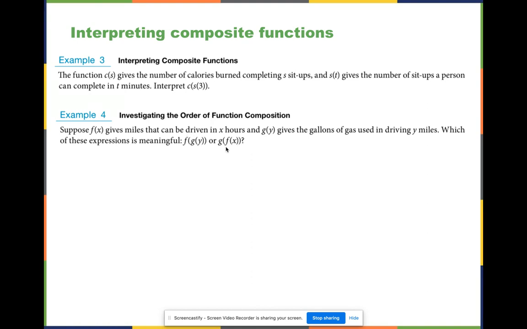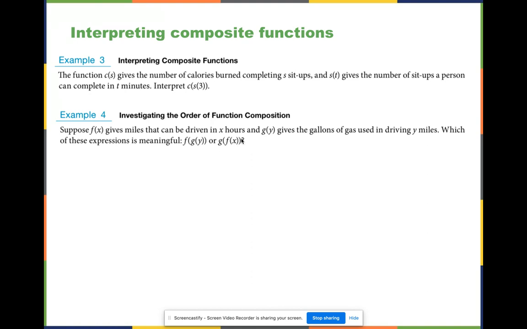So let's think about this. If you told me the number of hours, I'd tell you the number of miles we drive in the internal function. And then for g of y, if you know the number of miles, you can tell me the number of gallons of gas. This is making sense, and the inputs and outputs match.